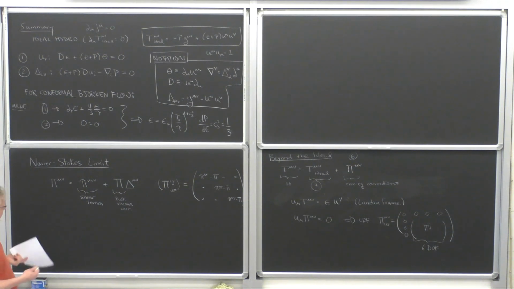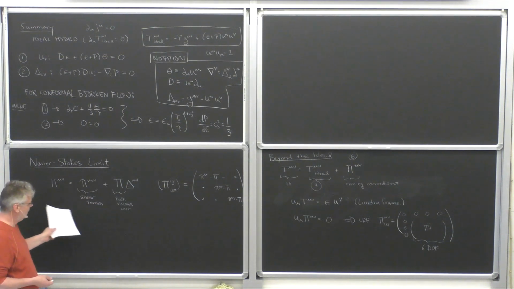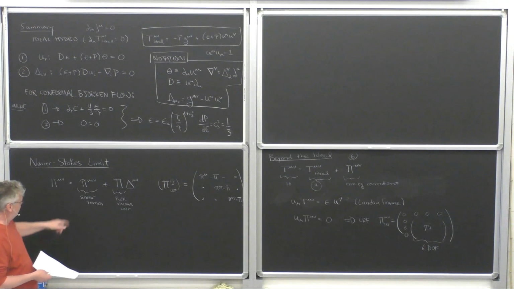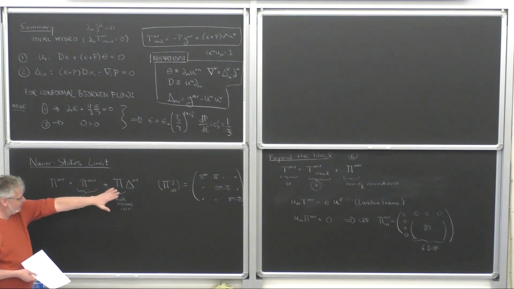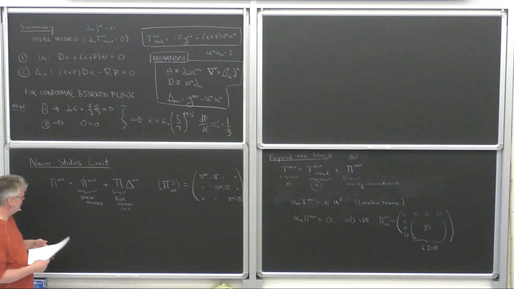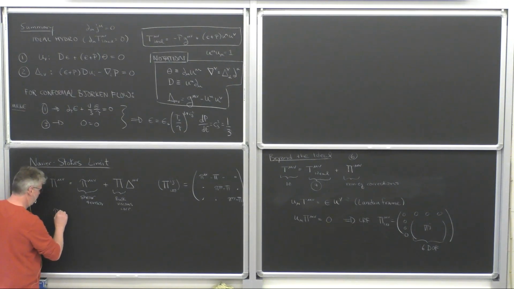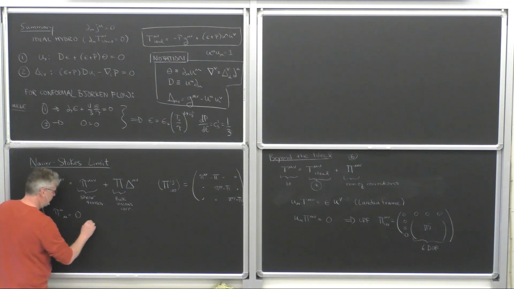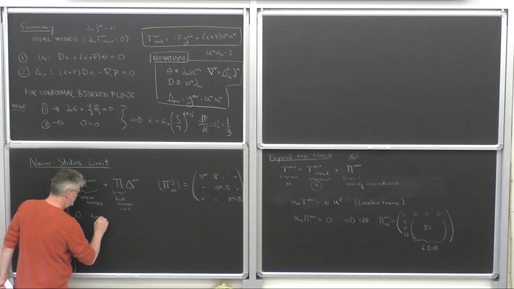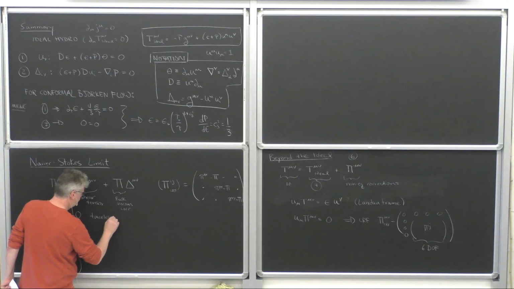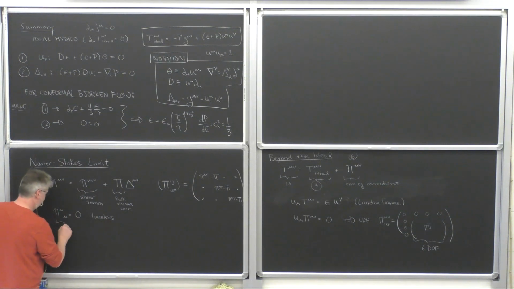Now, there's another constraint. If you want to write it this way, you have to have another constraint because remember, we still need 6 degrees of freedom. So the other constraint is we're going to make this part traceless, so that it only has 5 degrees of freedom.